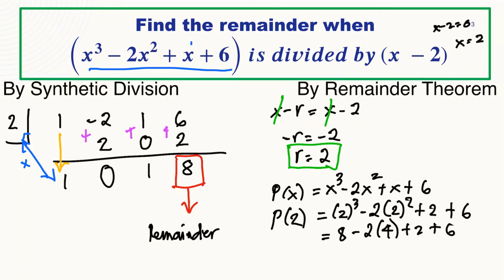Simplifying, this will give us 8 minus 8 plus 2 plus 6. And 8 minus 8 is 0, plus 2 plus 6, that will give us 8. So this is our remainder. And what have we noticed? We have the same answer here.